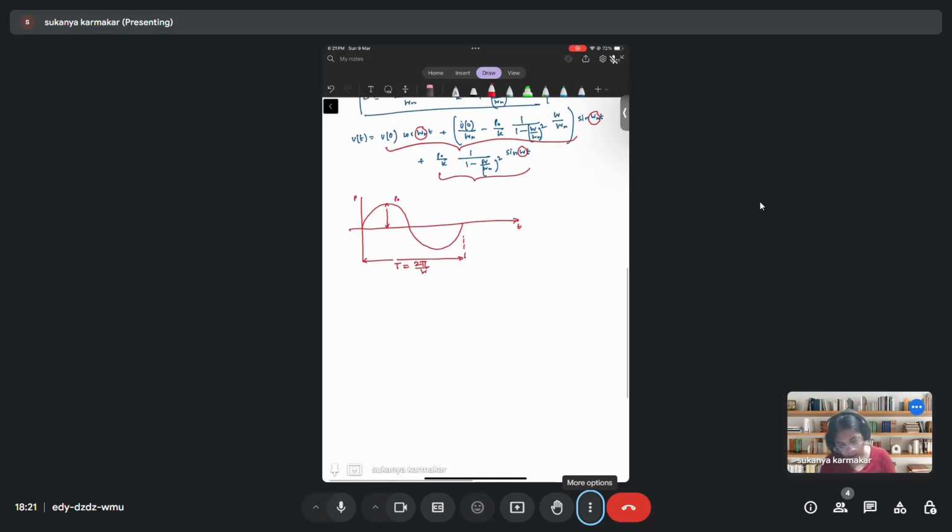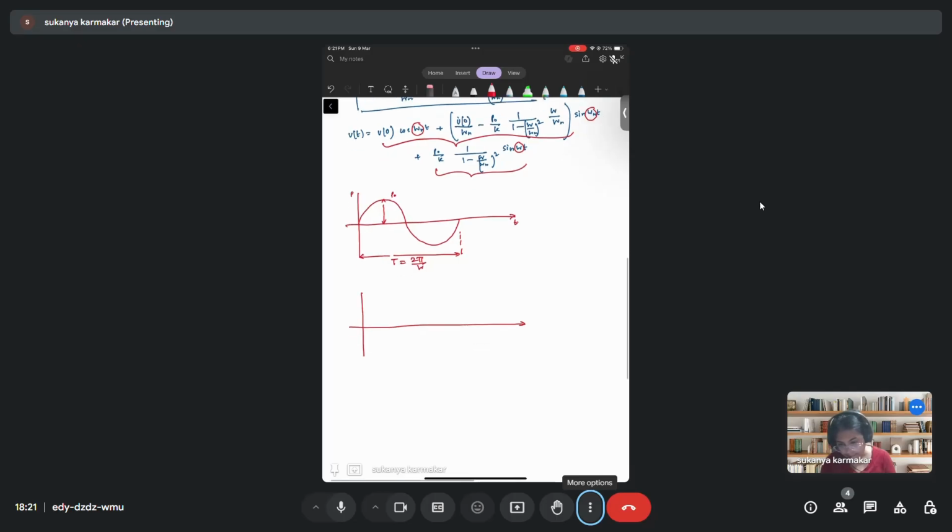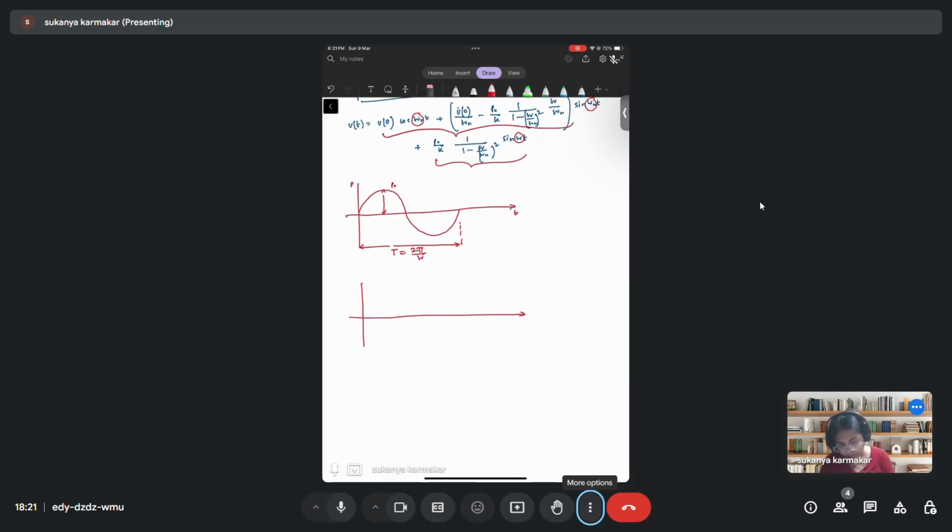Now if I plot here, I have normalized the time axis with respect to the time period, and suppose u of t is also normalized with a certain quantity. Let's say these are normalized axes.